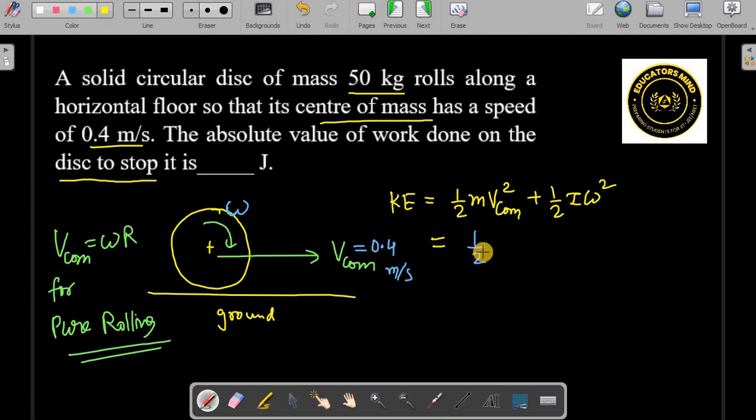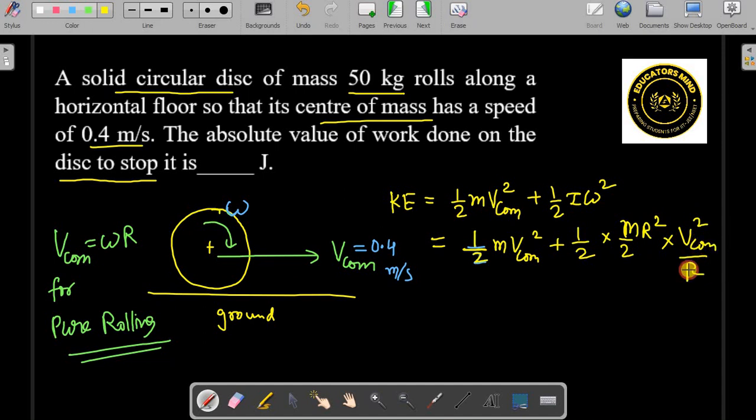So when calculating the kinetic energy, it is half m V center of mass square plus, since it is a solid disk, the moment of inertia about center of mass is m r square by 2, and omega is V by r. So V center of mass square by r square, and the r square terms get cancelled.